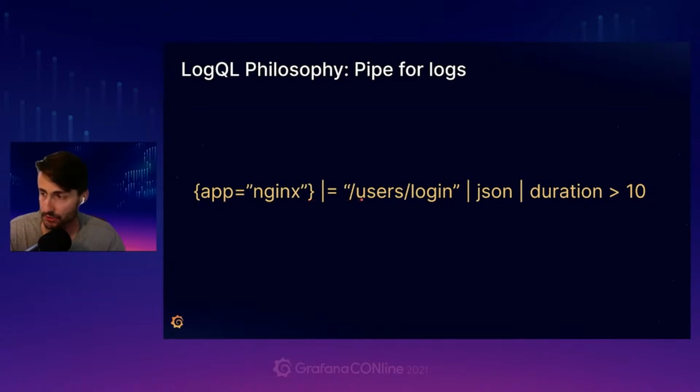Next, we're going to only filter and keep the logs that have the words user logging. We'll parse the JSON log line and extract all the properties as labels. One of them is duration. And then we're going to only show the log lines that have a duration or latency higher than 10.